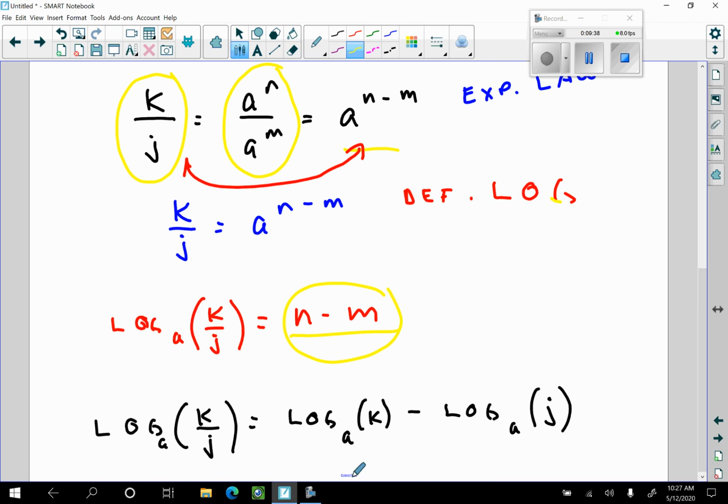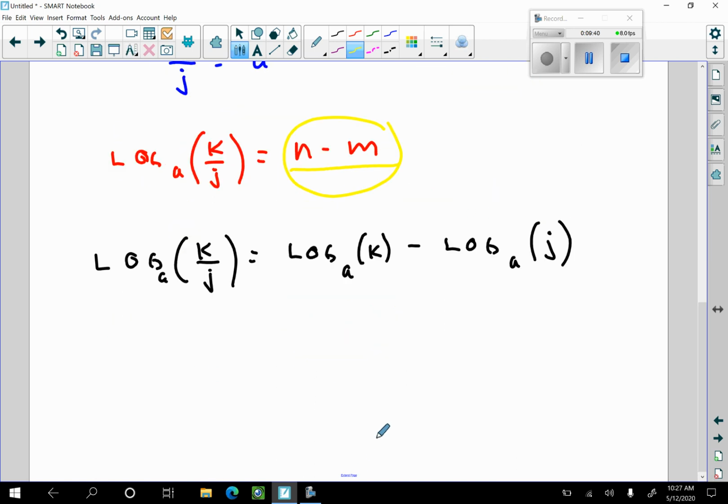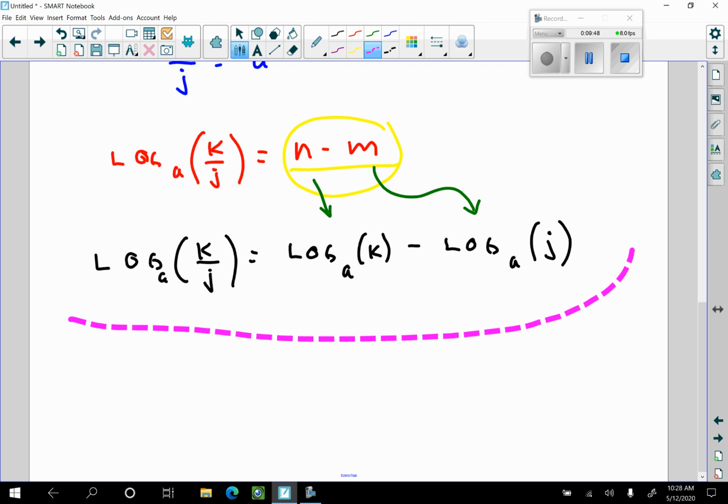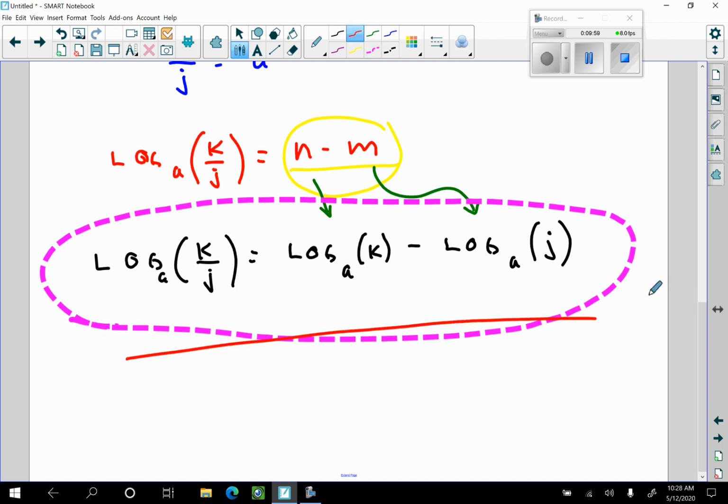You betcha. I have the quotient property. This guy right here we let equal n, and this guy right here was equal to m. So this is the quotient property of logarithms. The IXLs will ask you, hey, what's the quotient property of logarithms? And you will say this right here.